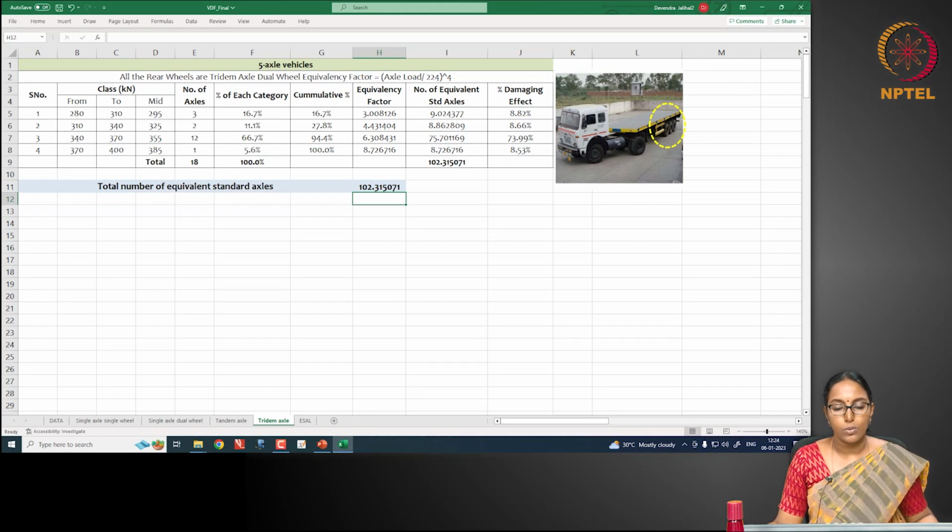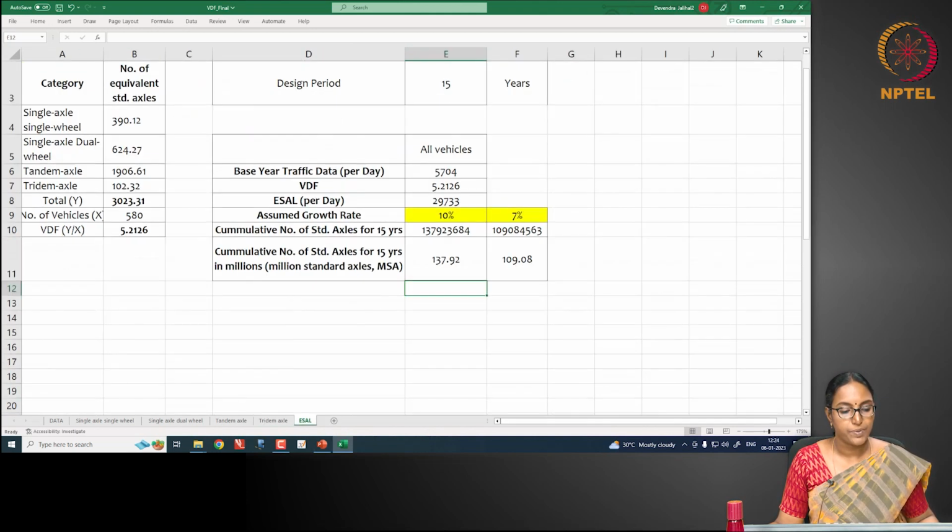Now let's see how the equivalent single axle loads or the design traffic can be estimated from this. So by calculating the vehicle damage factor. Okay. Now see, this is the total number of equivalent standard axles that we have just now measured or computed for single axle dual, tandem axle and tridem axle.